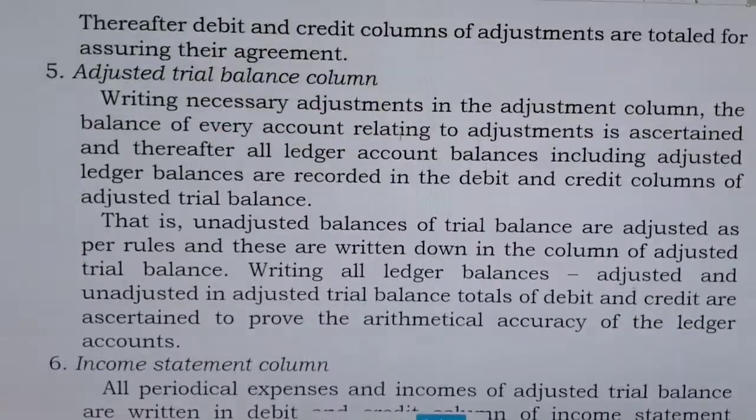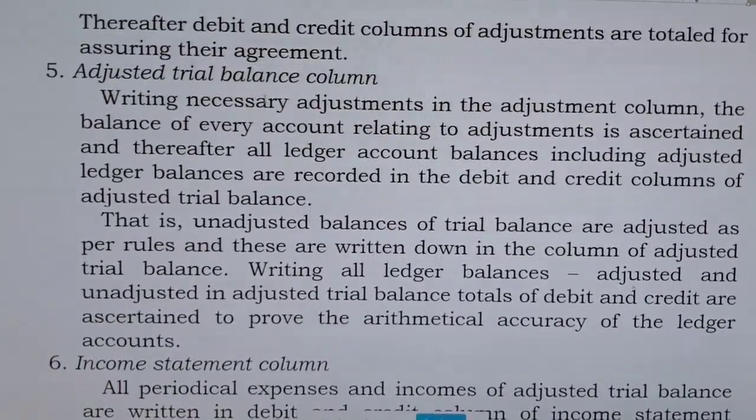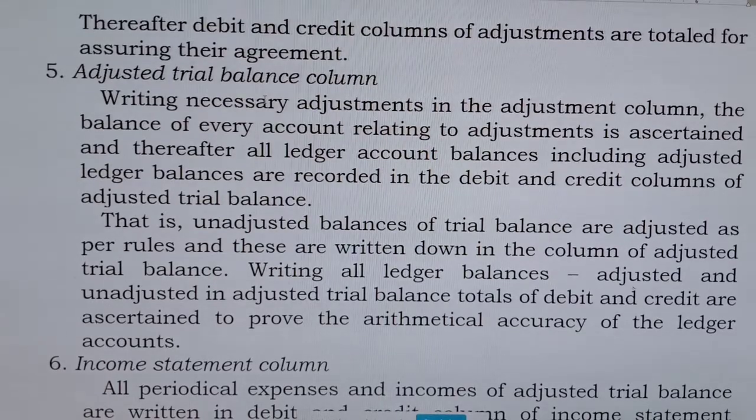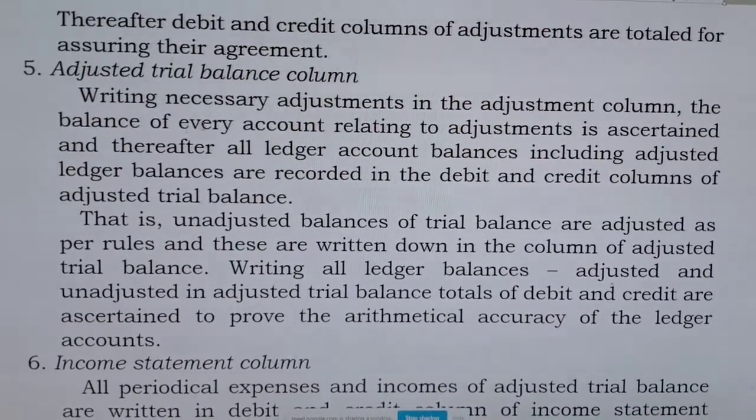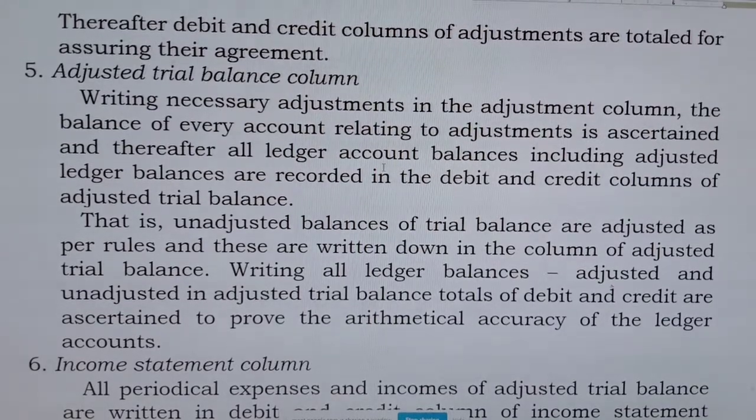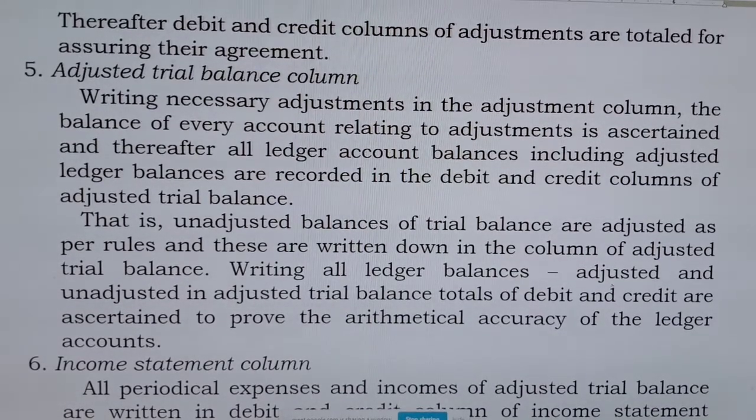Okay? So, adjusted trial balance column, writing the necessary adjustments. In the adjustment column, the balance of every account relating to adjustment is ascertained, and thereafter all ledger account balances, including adjusted ledger balances, are recorded in the debit and credit columns of the adjusted trial balance.